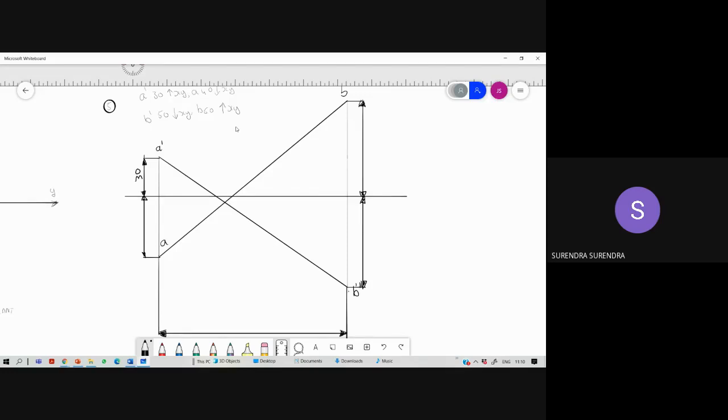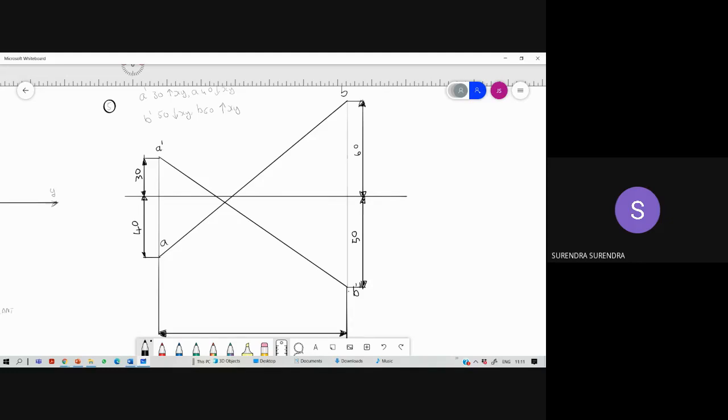So it is 30 mm, 40 mm, sorry, 60 mm, 50 mm. So I have already represented that the dimension value must always be above the dimension line.